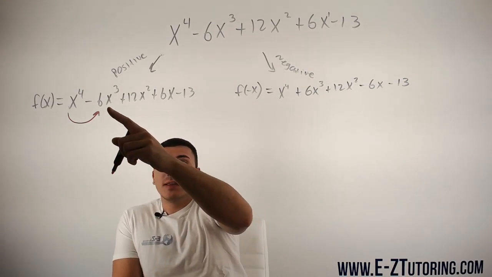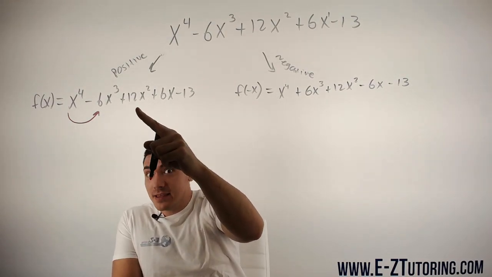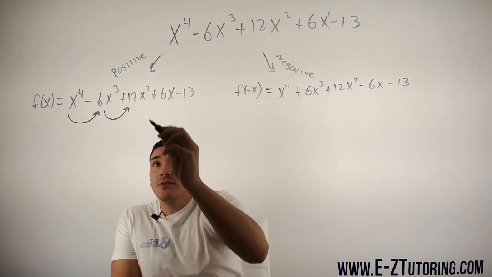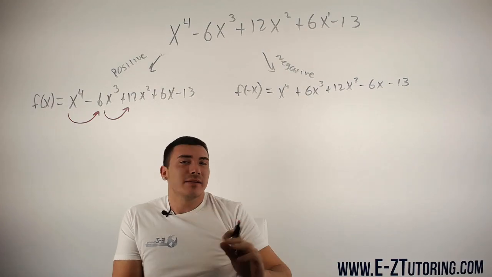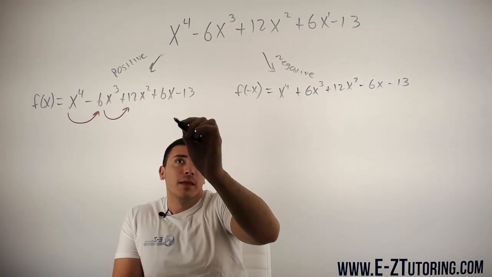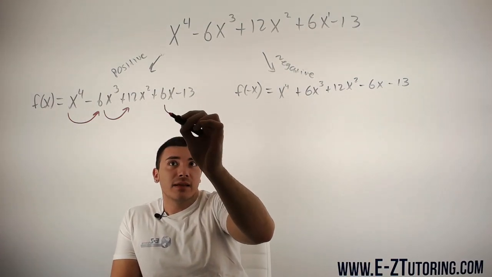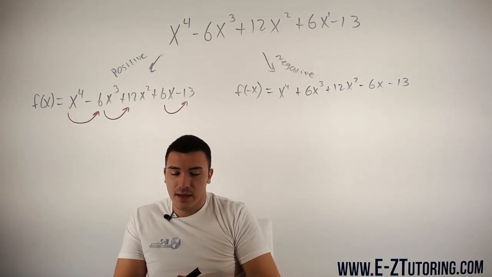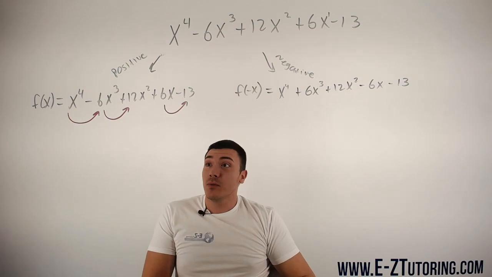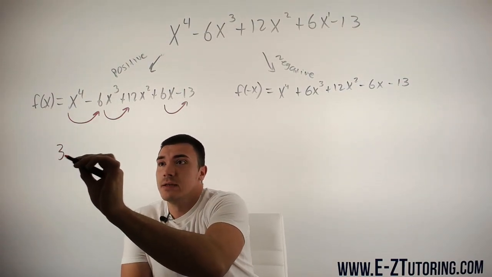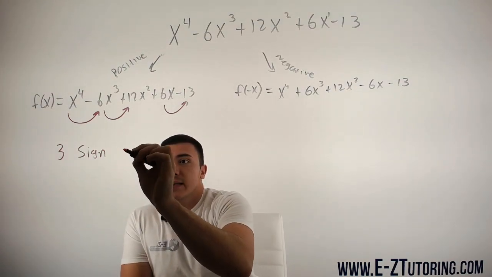And then over here it goes from a negative term to a positive term again. There is another sign change. And then over here it goes from positive to positive, so we do nothing there. And then it goes from positive to negative, so once again we have a sign change. All right, so over here we have three sign changes.